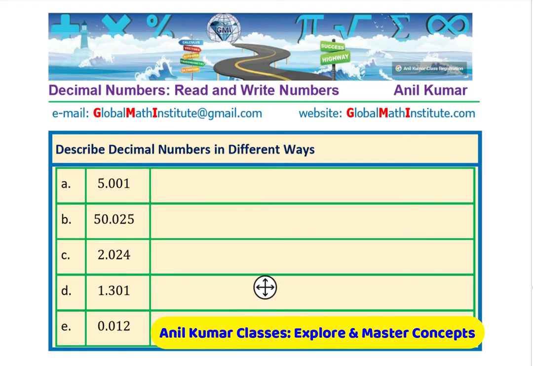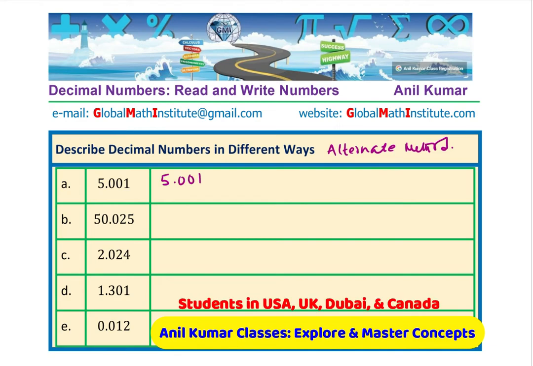Now let's look into alternate way of saying the same thing. Can you try it out? We could, as I was saying, 5.001, we could multiply this by 1000, divide by 1000. So what do you get? You get 5001 divided by 1000, correct?